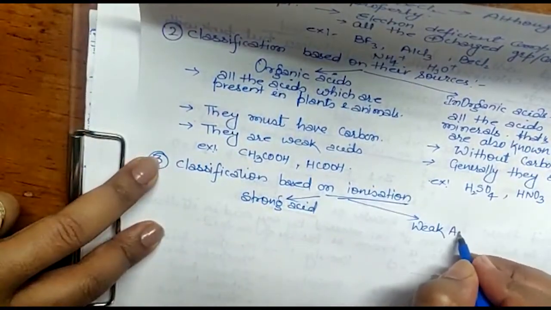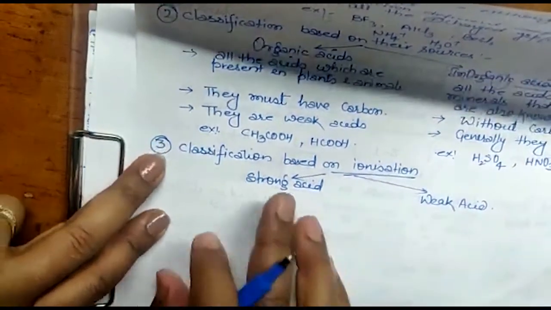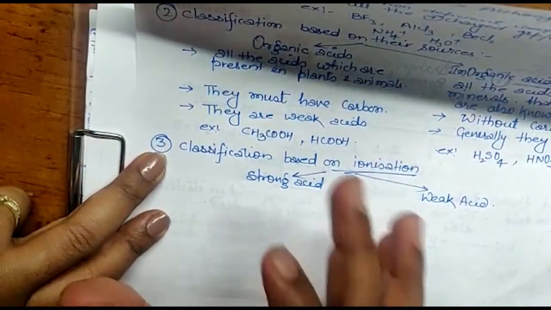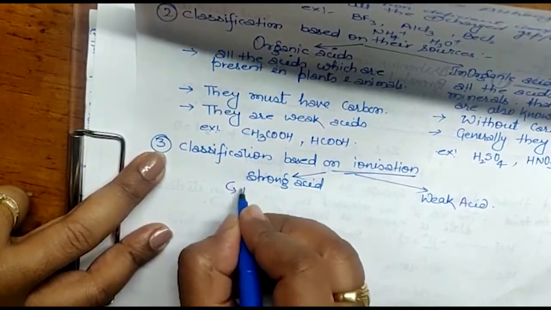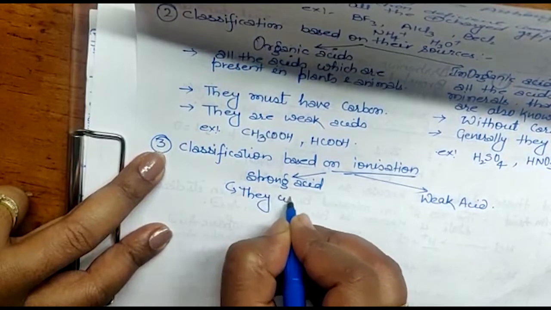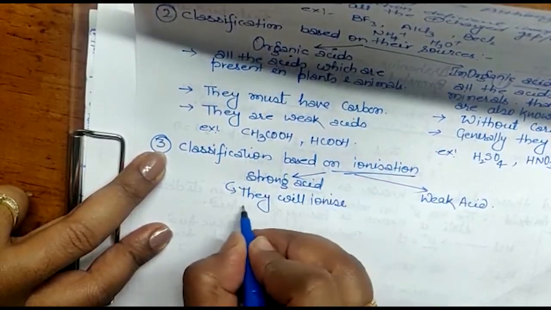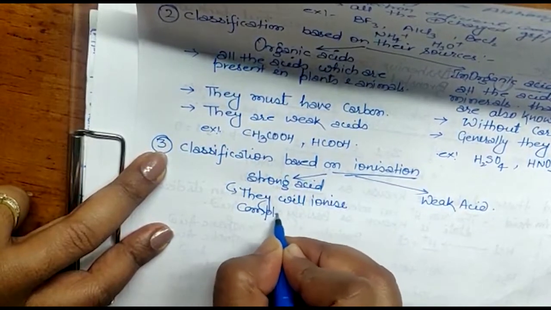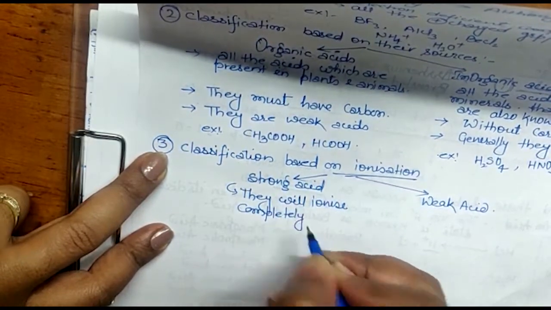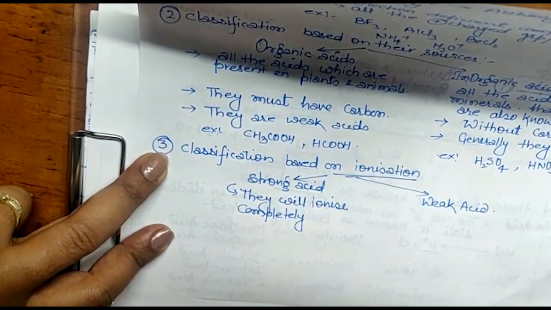Strong acids will ionize completely, whatever number of hydrogen ions are there, they will give as H plus.